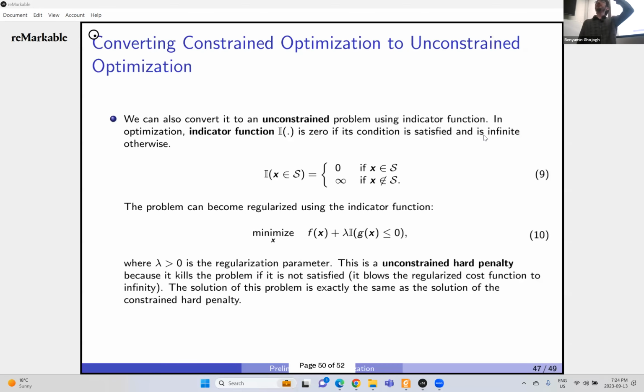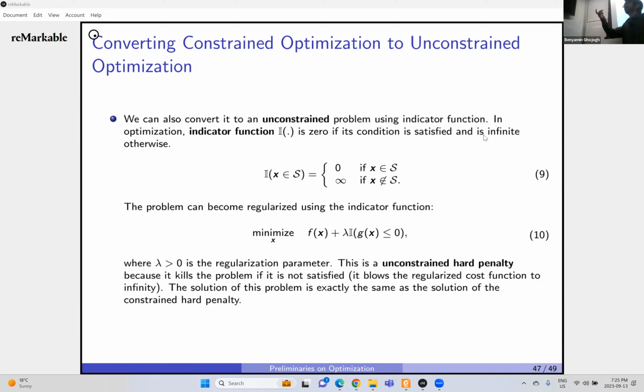Now, how can we make the regularized cost exactly equal to the solution of the constrained optimization problem? How can I do that? One suggestion was to make lambda really big, so it puts a lot of weight and is forced to satisfy the constraint.